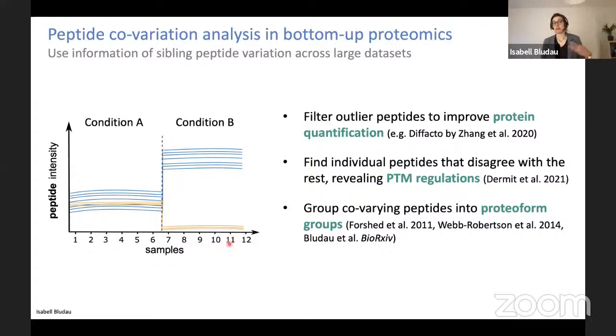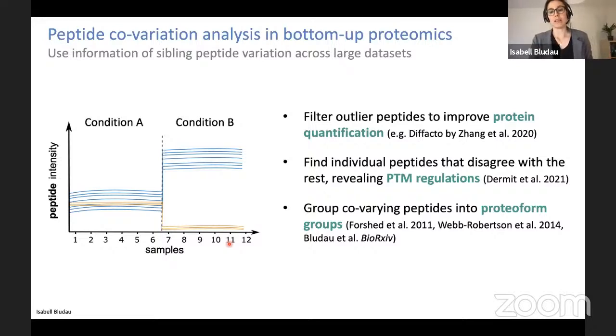So now you can tackle these kind of problematic proteins by filtering out the outlier peptides to improve protein quantification. However, the other approach is to actually assume that these peptides might be of biological relevance, and you can try to find individual peptides or groups of peptides that follow a different pattern and try to see if they actually form an interesting proteoform group.